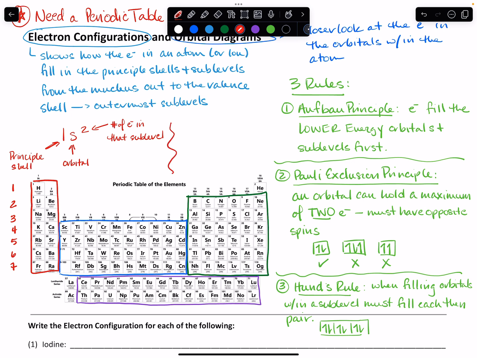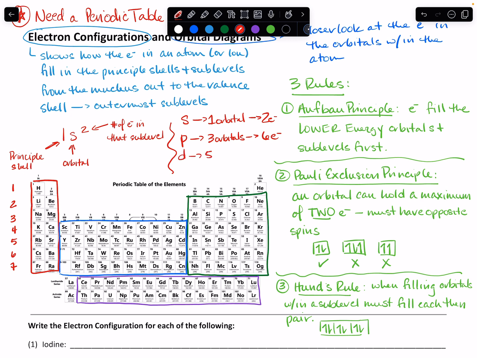So the s sublevel has one orbital, which means a maximum of 2 electrons. The p sublevel has 3 orbitals, 6 electrons.